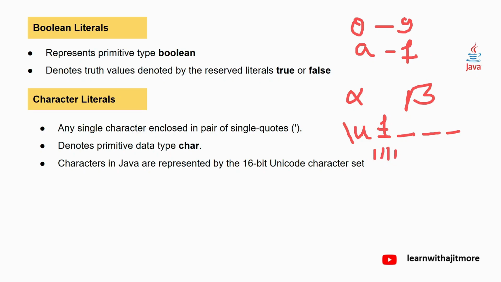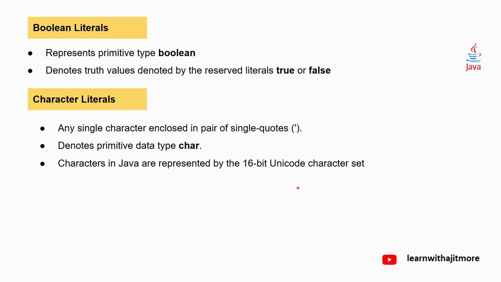So the last value will be F, F, F, F, all four F. One F is four ones in binary form. The second will again be 4, this also 4, and this also 4. So this becomes 16 bits only, 4 into 4, 16-bit.